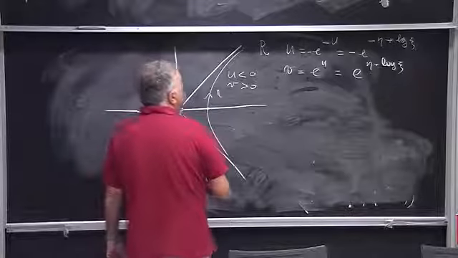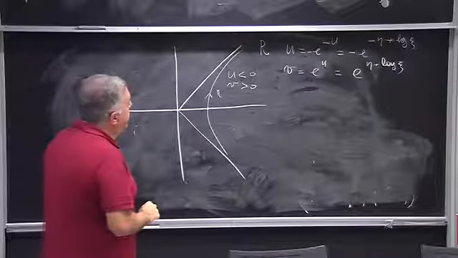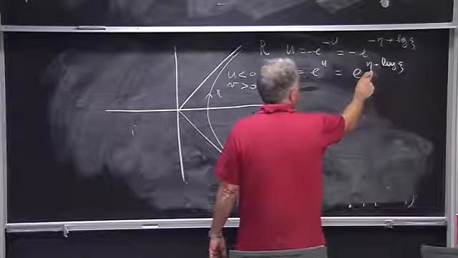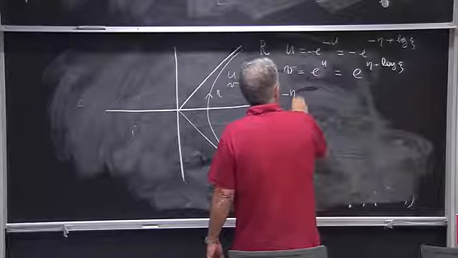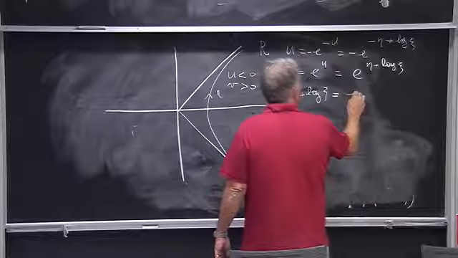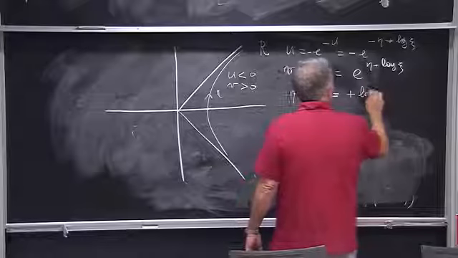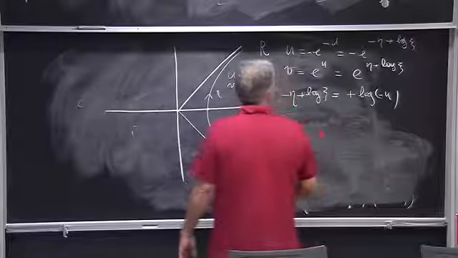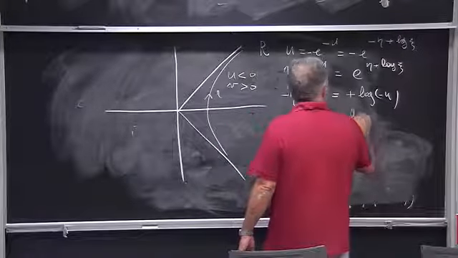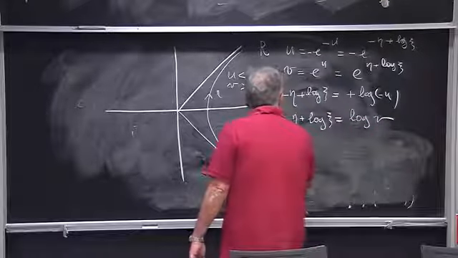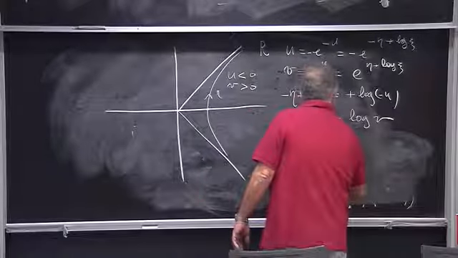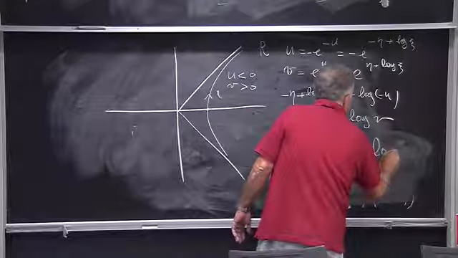This is a curve in which psi is constant, and we need to compute eta this way, so we get minus eta plus log psi is minus log of minus u, and eta plus log psi is log v, in such a way that eta, the Rindler time, is 1/2 of log v minus log of minus u.